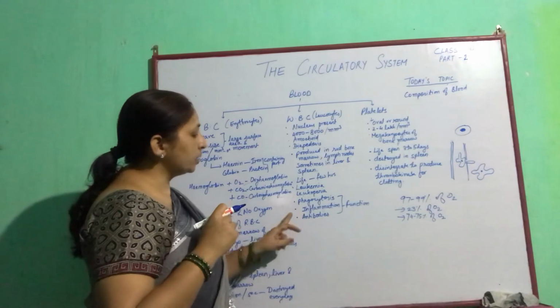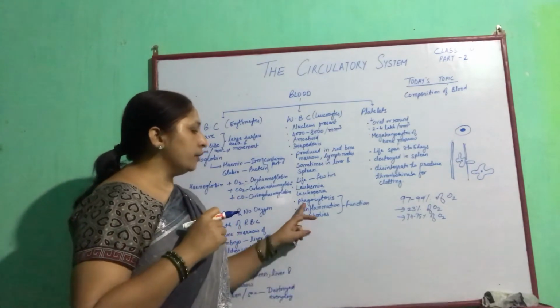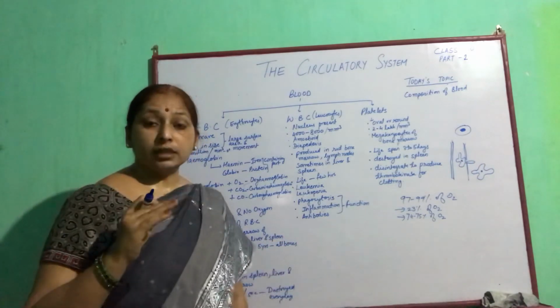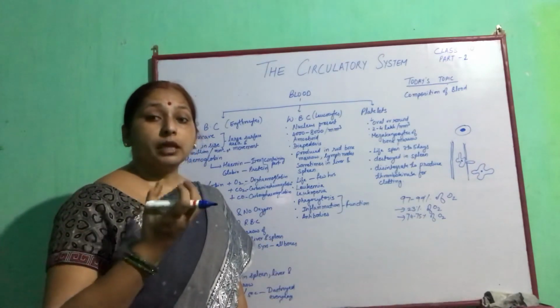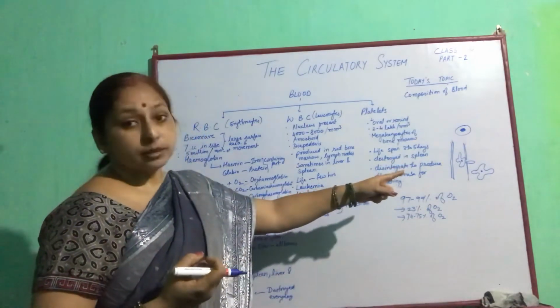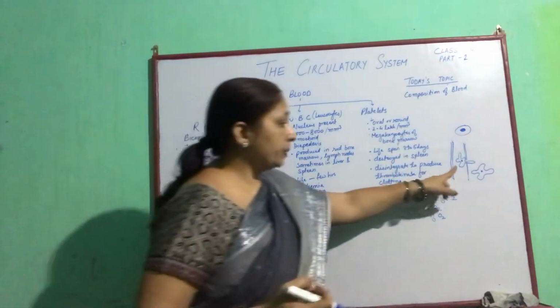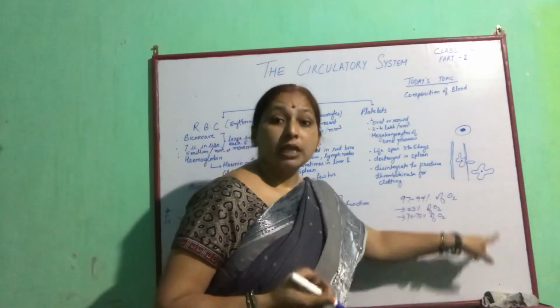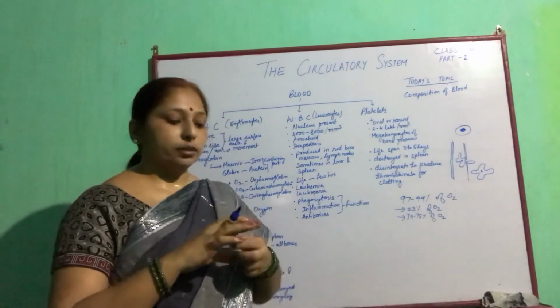Next is the function of WBC. Phagocytosis, inflammation, antibodies. Phagocytosis is it engulfs when it shows the diapedesis movement. When it comes out, it engulfs it.